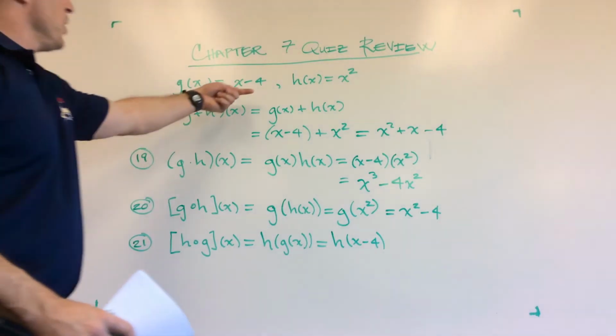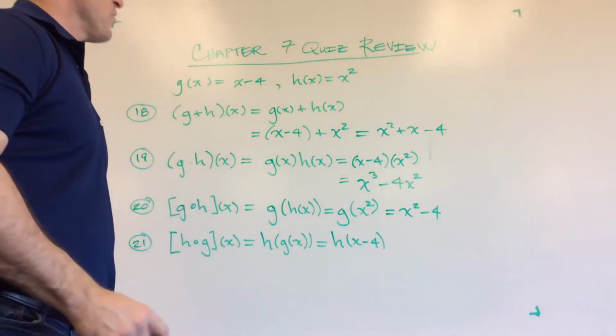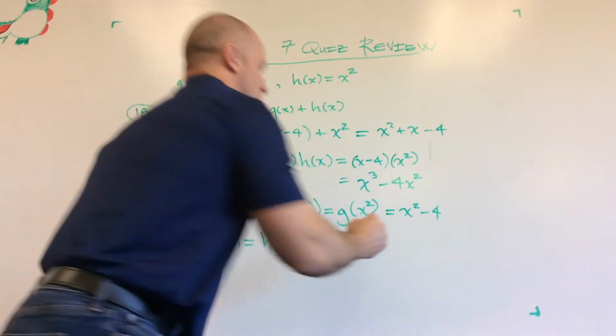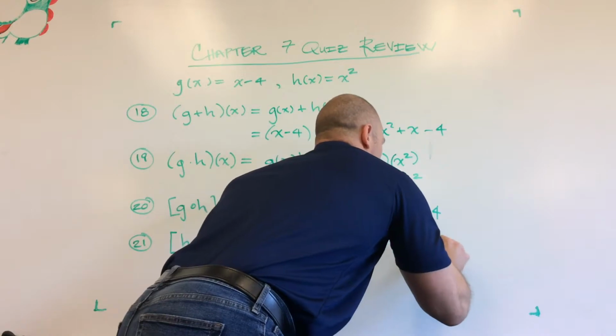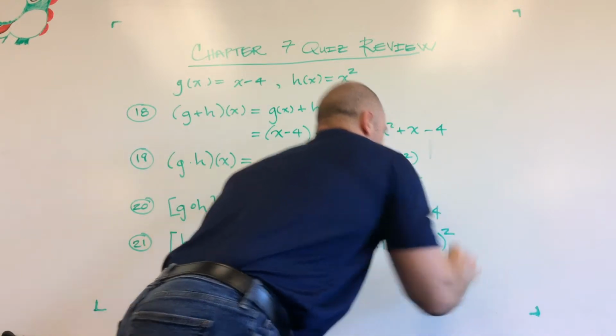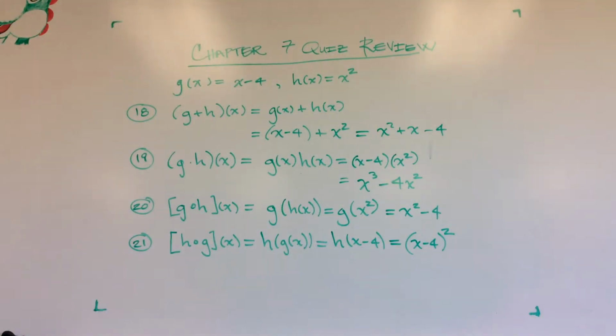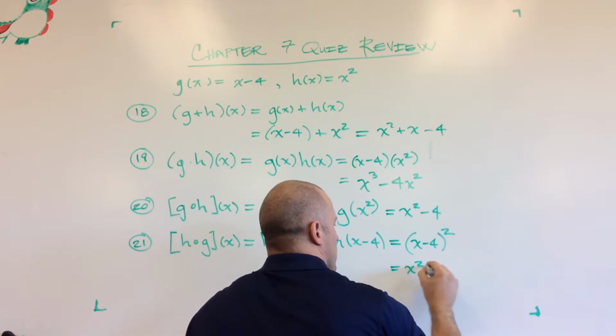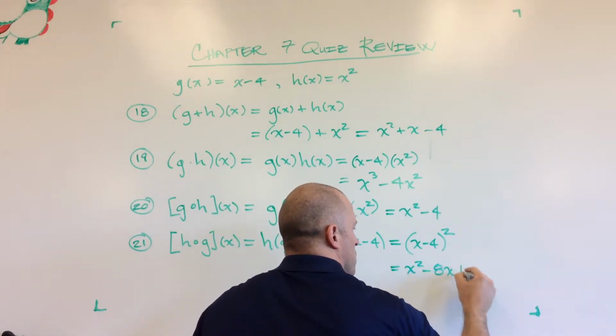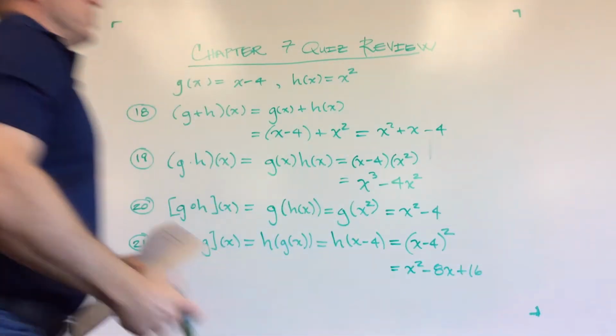When we do that, we put x minus 4 into every value of x for h. So rather than getting x squared, we're going to get x minus 4 squared. And if you chose to FOIL that out, certainly no problems there. That would just be x squared minus 8x plus 16, also an acceptable answer.